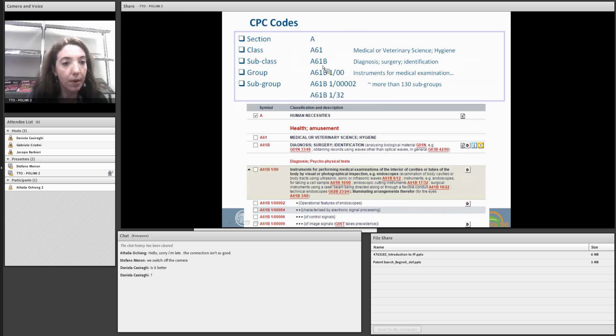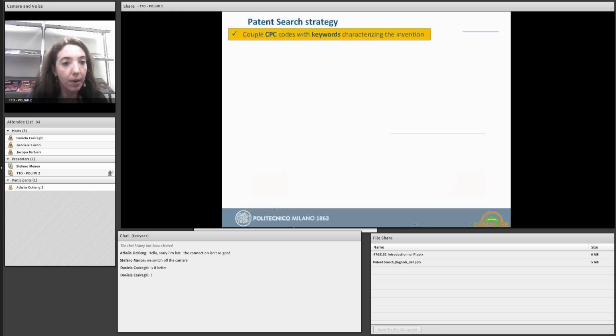I have the class 61B, that is diagnosis, surgery, identification instruments, and so on. So I have to read which is the class that describes my invention. Please note that the dots at the bottom, close to each symbol, define the hierarchy of the class. So the hierarchy is defined by the number of dots and not by the subgroup codes.